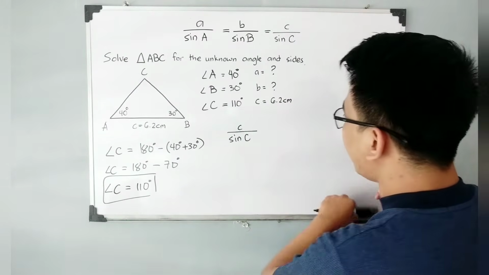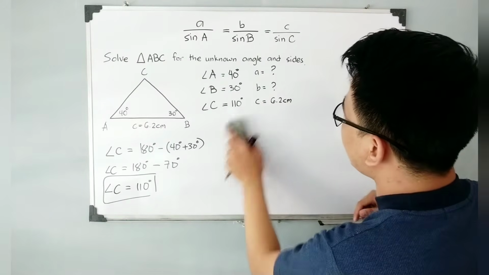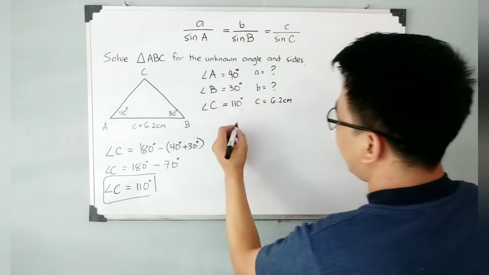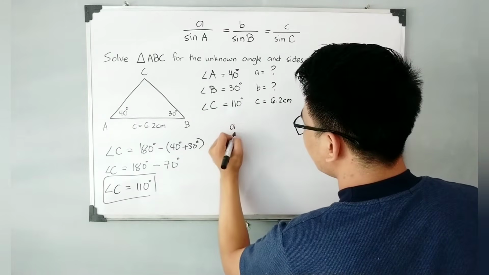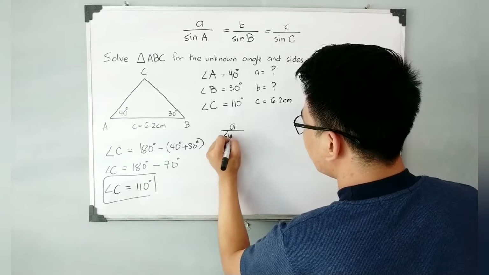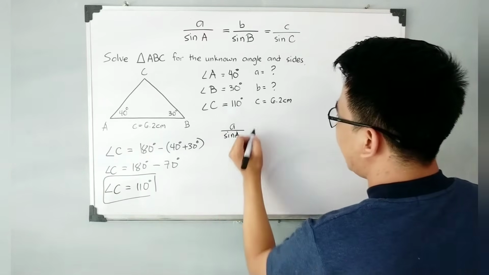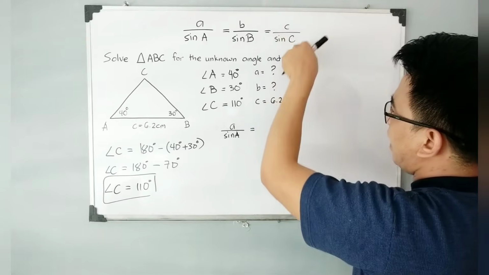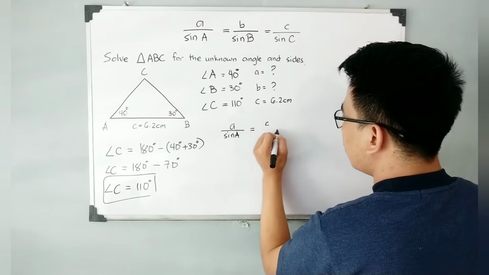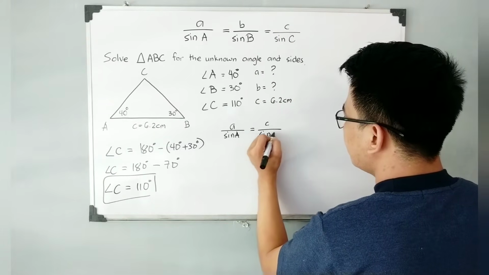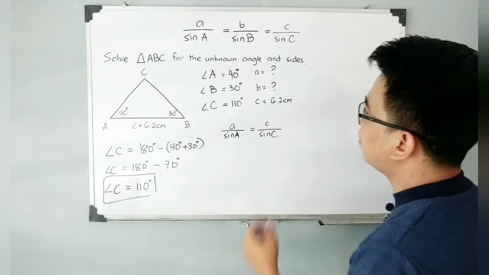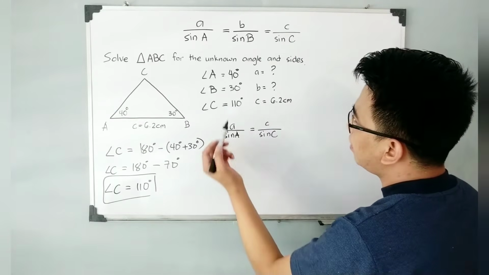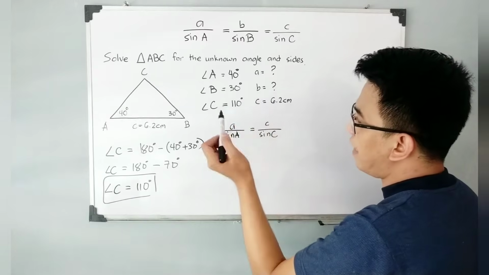So, since hanapin natin si A, I will be using A over sine A. And then equal to yung kumpletong ratio, you have the side C and angle C, that is C over sine C.